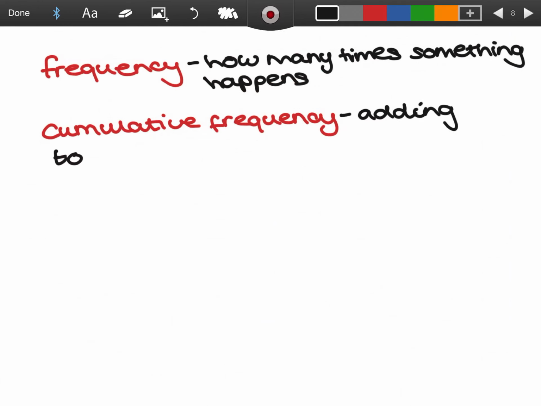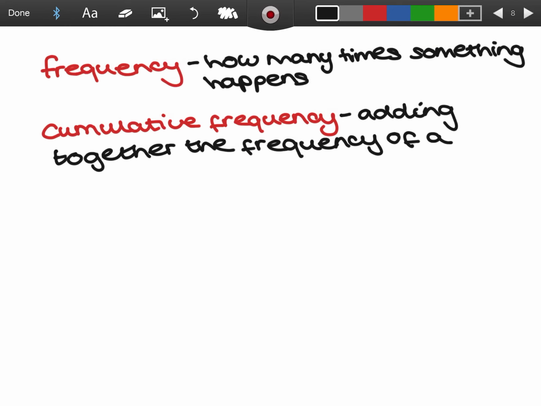Okay, so cumulative frequency is adding together the frequency of a particular class with the frequency of every class that comes before it.